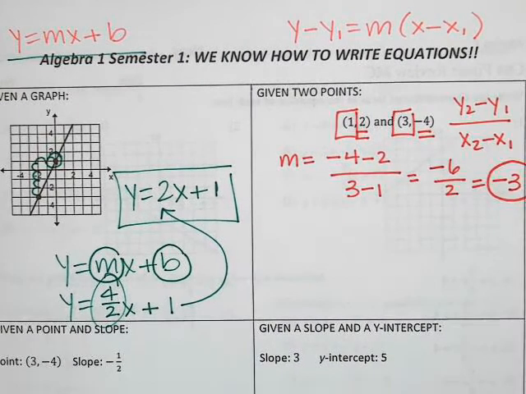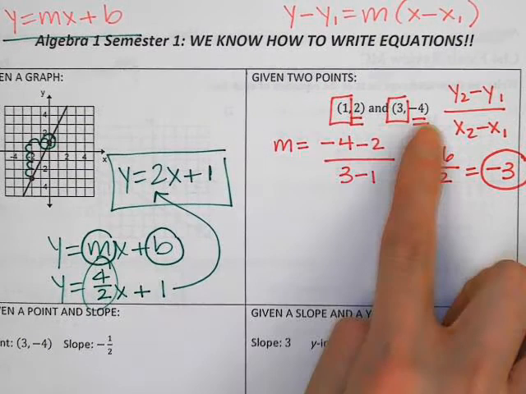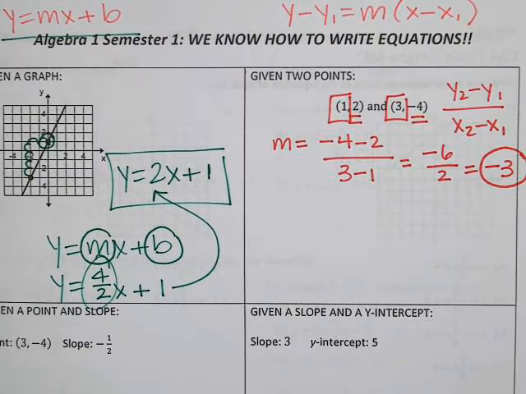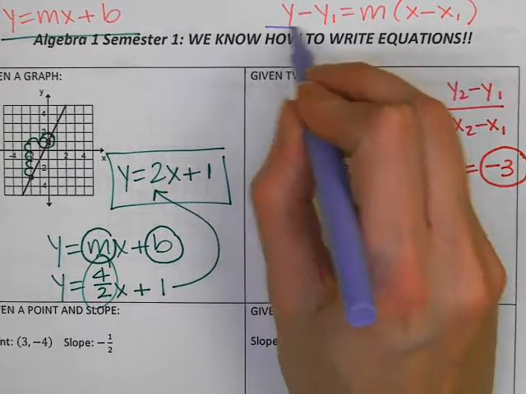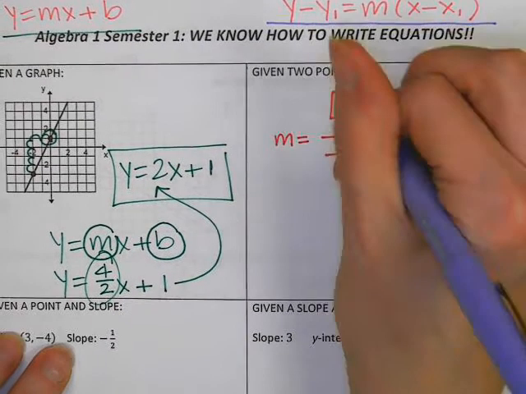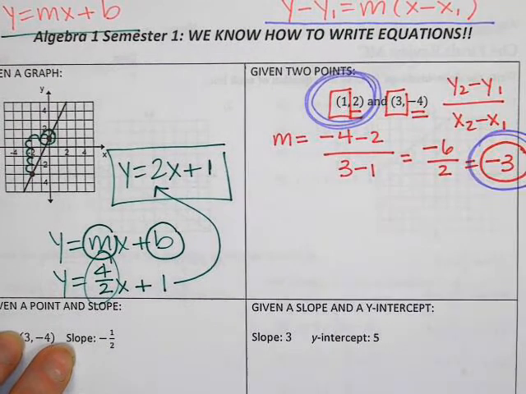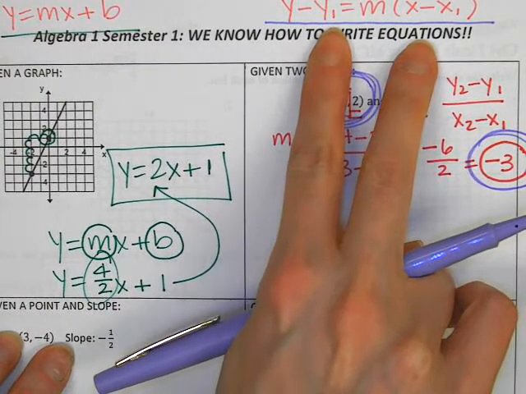So that's our slope. And then since we don't have the y-intercept, I think I would use point-slope on this one. Now, you guys get to pick a point. I'm going to use this point and this slope to write my equation.